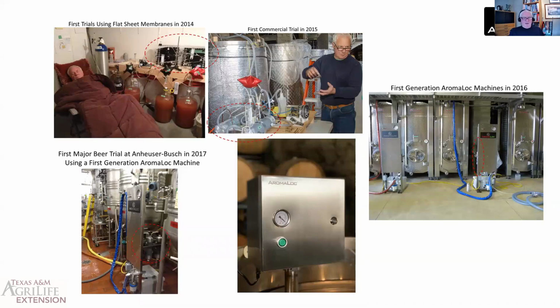We need some volume of gas going across the membrane so the vacuum pump has something to pump. If it's just the aroma compounds, we'd have less than a milliliter of gas in the pump circuit, and nothing would flow back to the headspace. So we need some carrier gas, as we call it, to move the aromas back. And CO2 does it in our system, but nitrogen would do it as well.